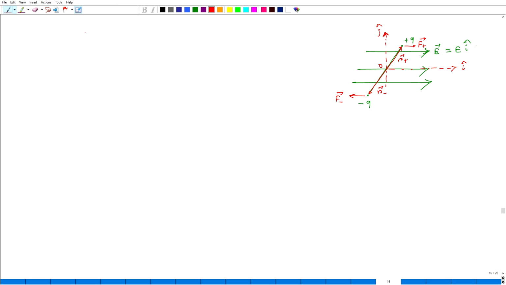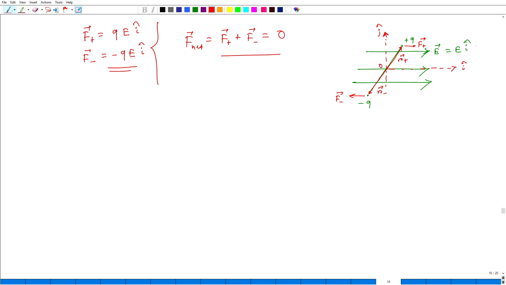In the previous class we saw F plus vector is q times E i cap and F minus vector is minus q times E i cap, in the direction minus i cap, opposite to the electric field vector, and the net force F plus plus F minus is 0. So, even though the net force vanishes, the field exerts a torque on the dipole.